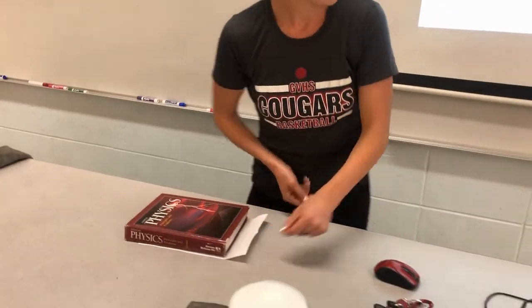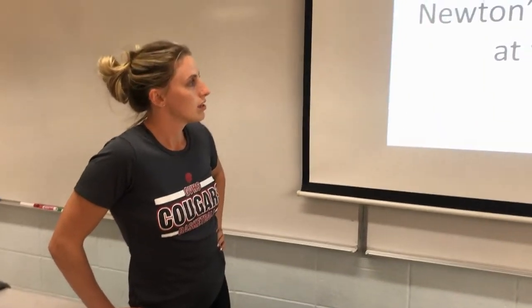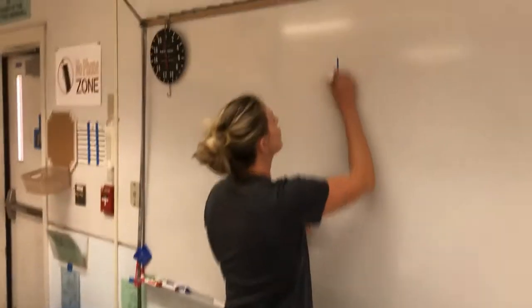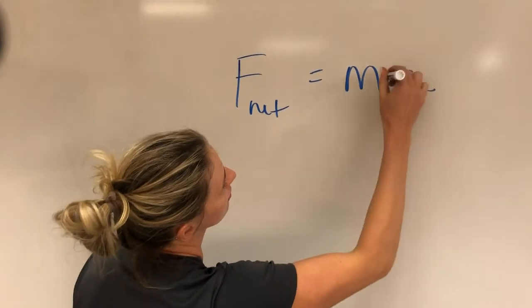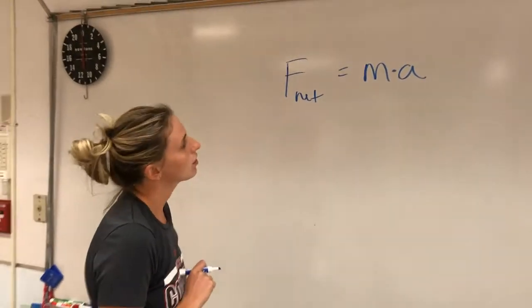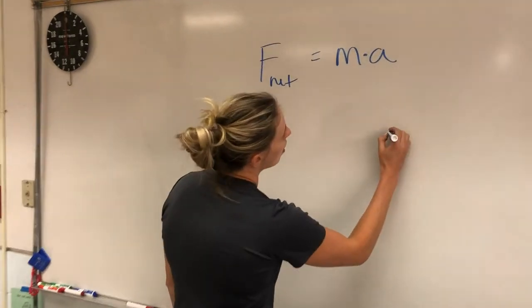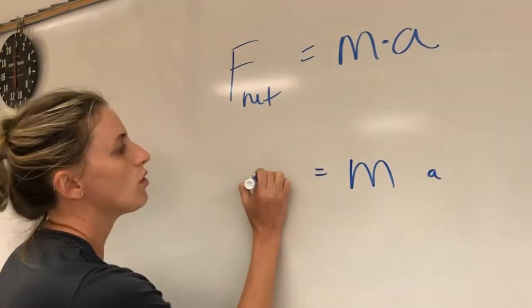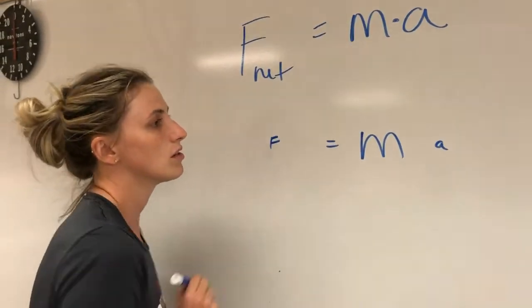Second law, Newton's second law. What does that look like? Isn't that an equation? Let's take a look. Force net equals mass times acceleration. So if we have a small acceleration with the same mass, then we only need a small force to make it move.